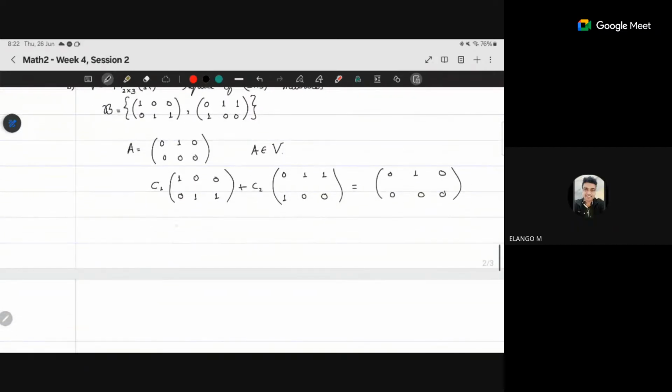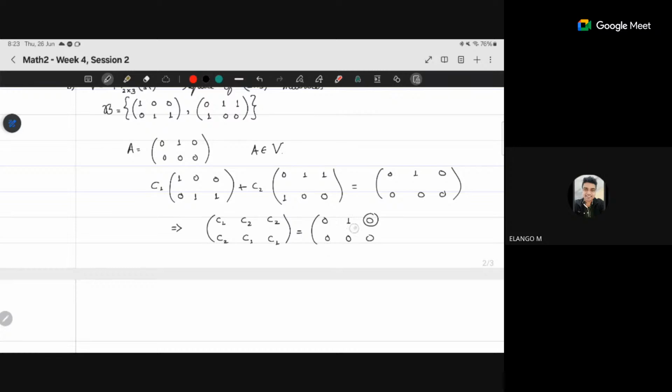Now, what happens if I simplify this? Let's take it step by step. This is just me taking C1 and C2, multiplying it inside and then adding pointwise. This would give me 0 1 0 0 0 0. So we would get C2 is equal to 1 as well as C2 is equal to 0. So I run into a problem, right?